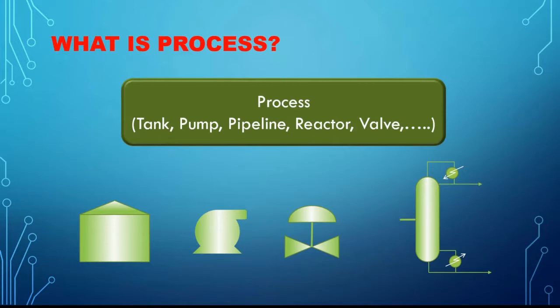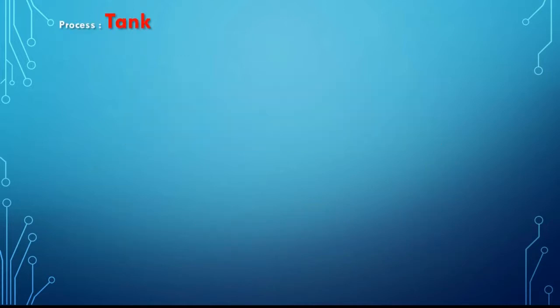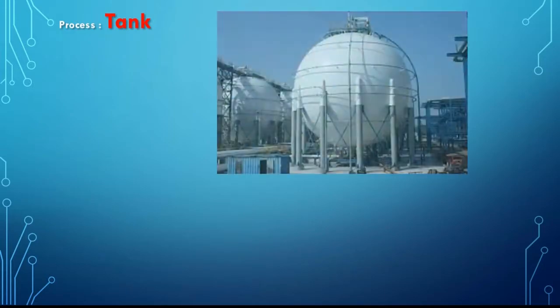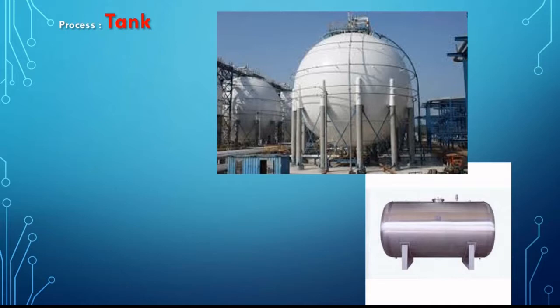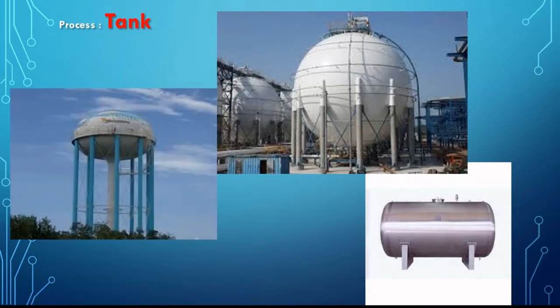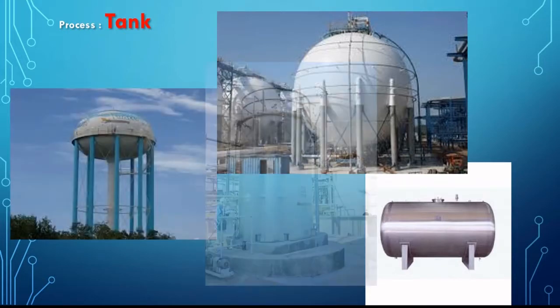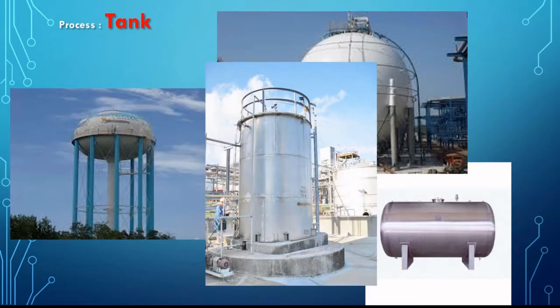But let's start with an easy one. The easy one, I think, would be maybe a tank. So we will build a simulator for a tank. But what type of tank? Is it circular, round, horizontal, vertical, does it have an odd shape, or is it maybe just a standard one?